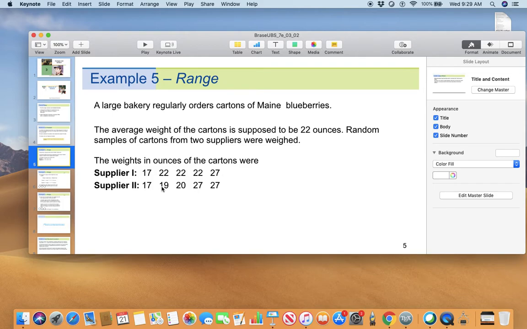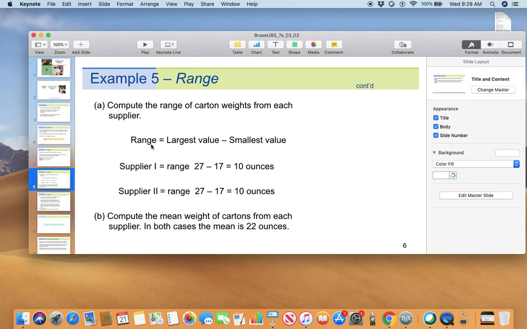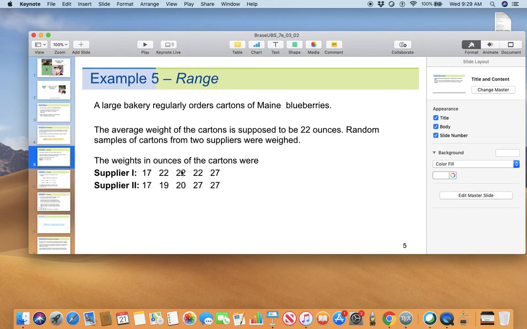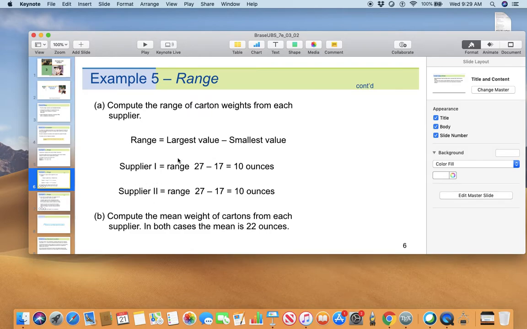Supplier 2: 17, 19, 20, 27, 27. Now, range is largest minus smallest. For supplier 1, range is 10. For supplier 2, range is also 10. Maximum minus minimum gave you the same range.